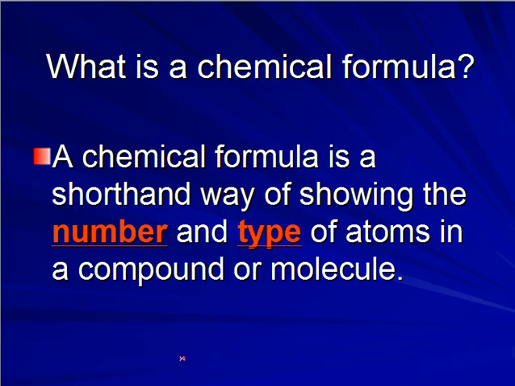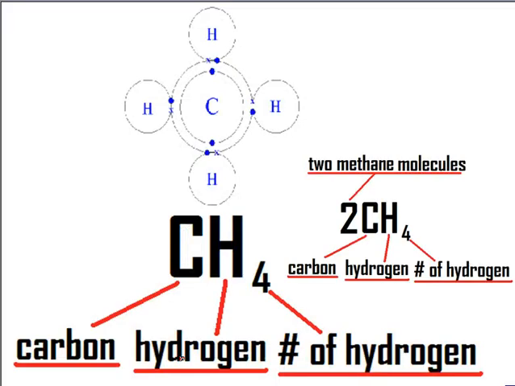So a chemical formula is a shorthand way of showing the number and the type of atoms in a compound or a molecule. And here's an example. What you see right here is methane. You see these models here, you know this is the carbon, you know these are the hydrogens. Here's the K shell for carbon. Carbon is number 6, so it's going to have 6 electrons, right?